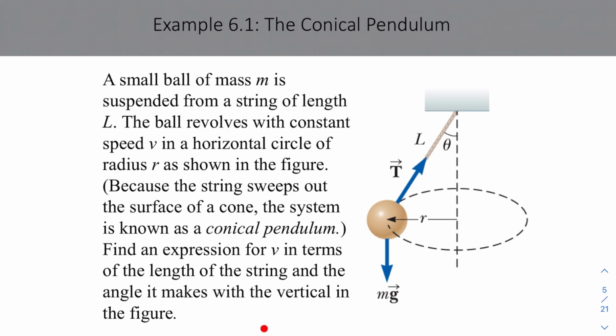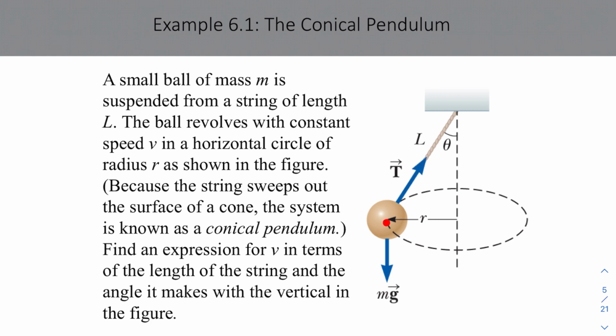Before we proceed, we list down all the forces acting on this object. We have weight downward. How do we know the weight is downward? We have to bear in mind that weight is always toward the center of the earth. And here we have tension.